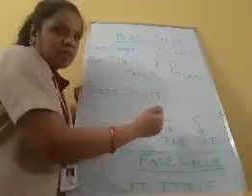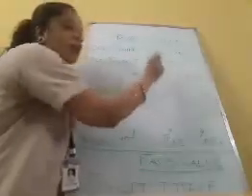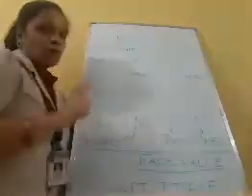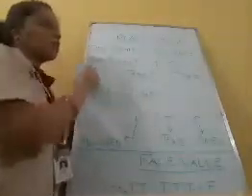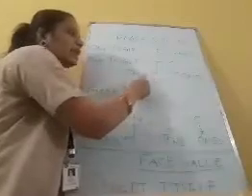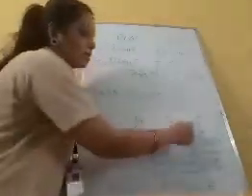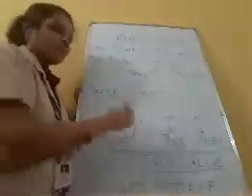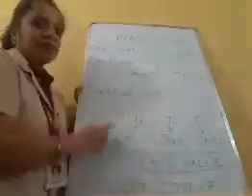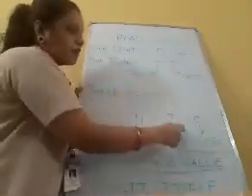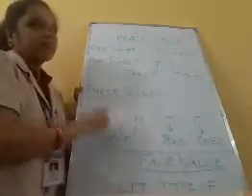Always write place value from the extreme right side, from the last digit. 3 digit, 3 place value: ones, tens, hundred. These are the place values.